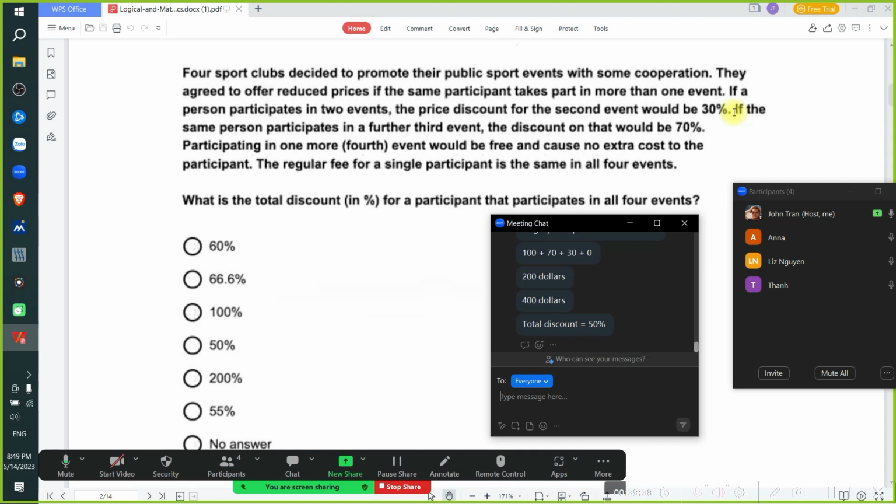Mình chỉ phải trả có một nửa giá thôi. That's for a participant in all 4 events. Is it 50? Yes. Right. So total discount percent.